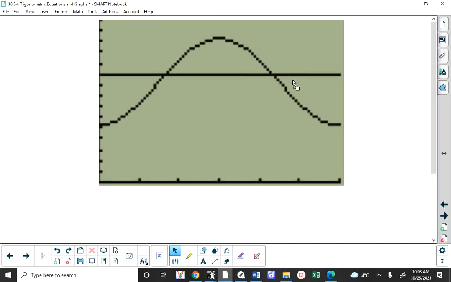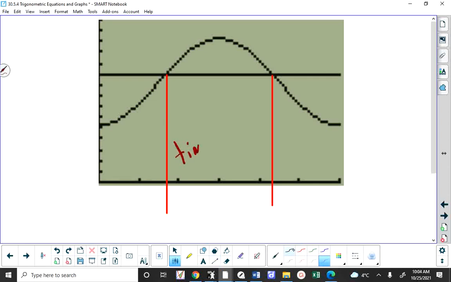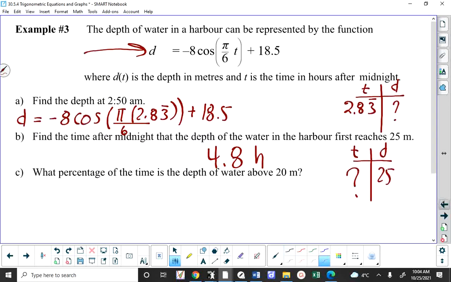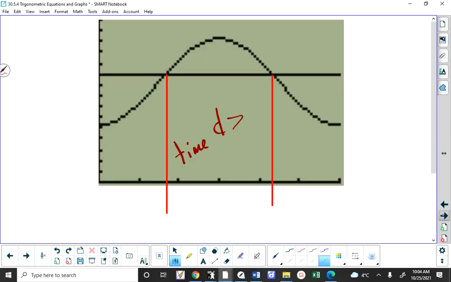The width of this graph is 12 hours. It's one period, right? If you look at where the water first reaches a height of 20 meters, it's there, and it reaches a height of 20 meters again there. This is the time the depth is greater than 20 meters. Do you agree that looks like about half?